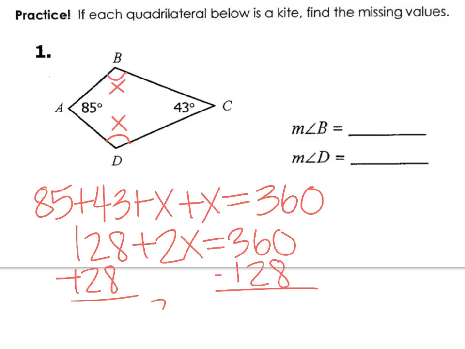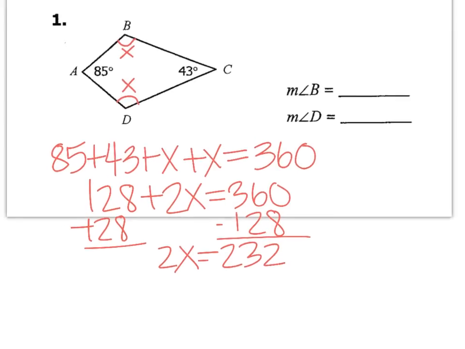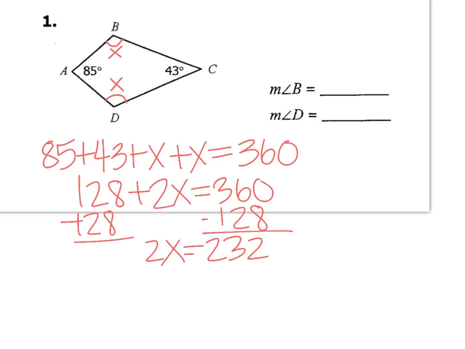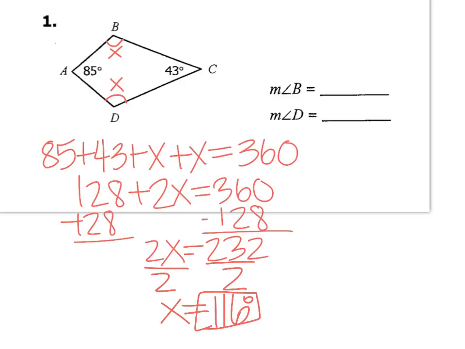We get that 2x equals 232. Divide both sides by 2, and we get that x equals 116. All right, therefore, angle B is 116 degrees, and angle D is also 116 degrees.